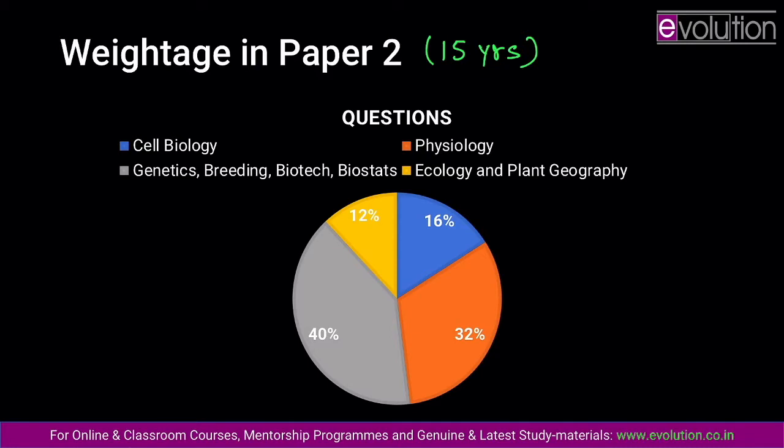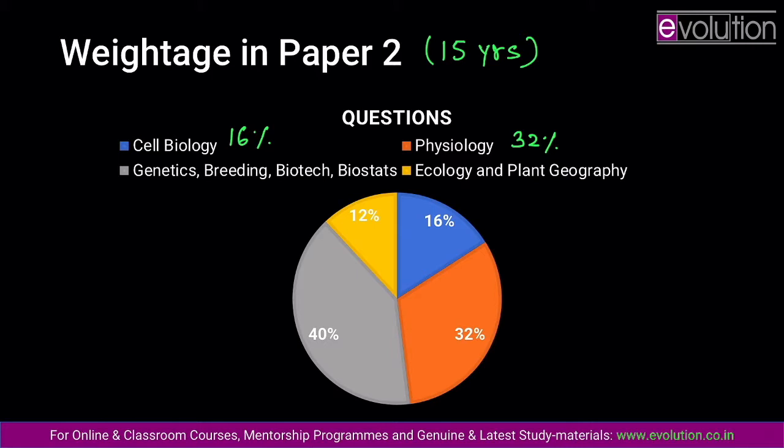Cell biology gets 16% of question weightage, which is a very good weightage to have. The second largest area is physiology, that is marked in orange color. That gets exactly double the weightage, but we have to realize that physiology is a big area.